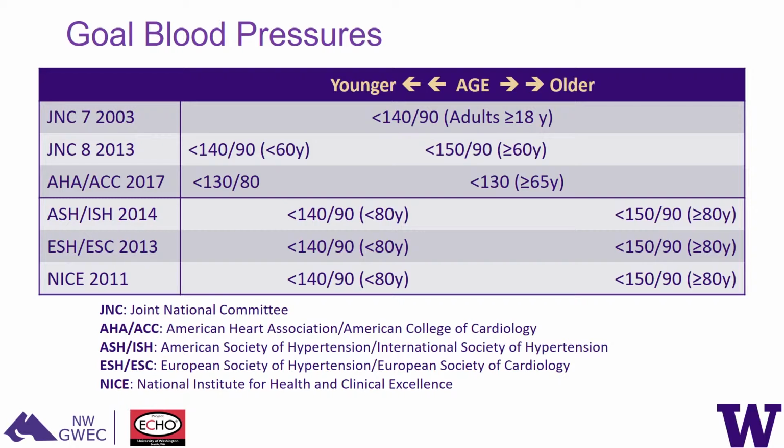And then in 2017, very recent, the American College of Cardiology and American Heart Association came out with new blood pressure guidelines, and these are specifically related to adults. You could see that it's incredibly similar to the JNC7 in terms of how it's broken down, but the cutoff points are different.